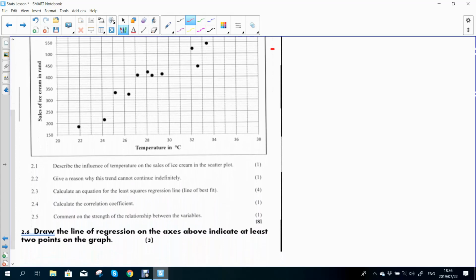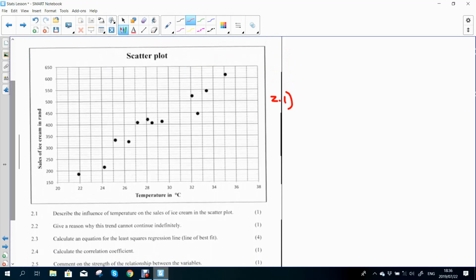And then it says 2.1, describe the influence of temperature on the sales of ice cream in the scatter plot. Now you can see the trend here. So as the temperature increases, your sales will also increase. So that's the first answer. Very similar to the previous question.